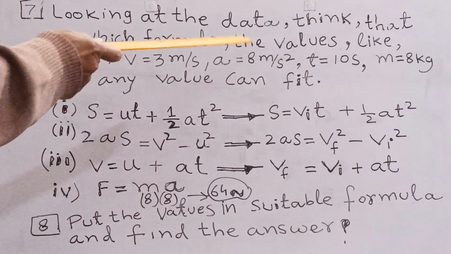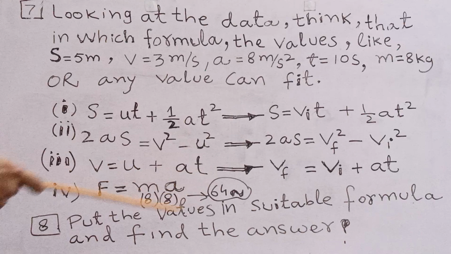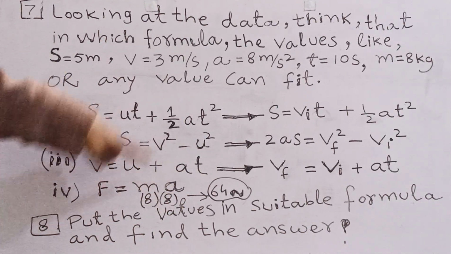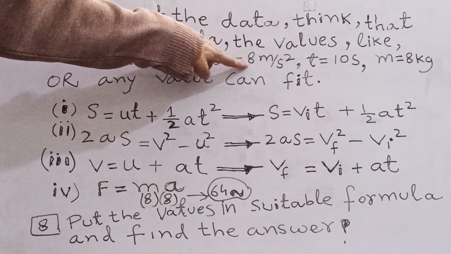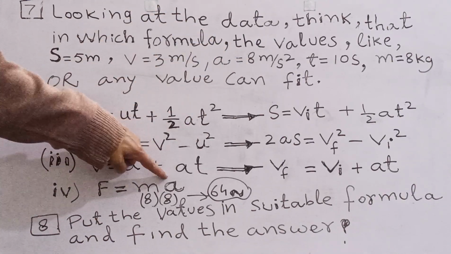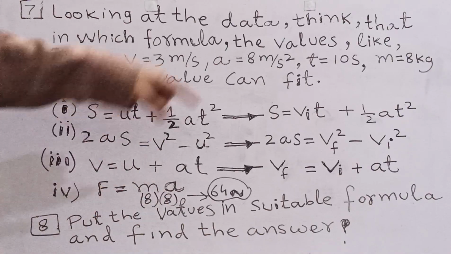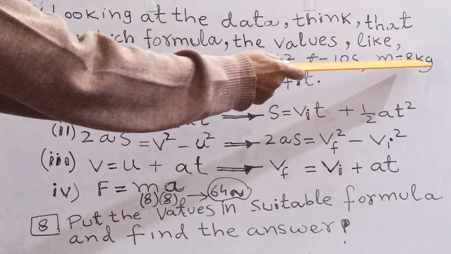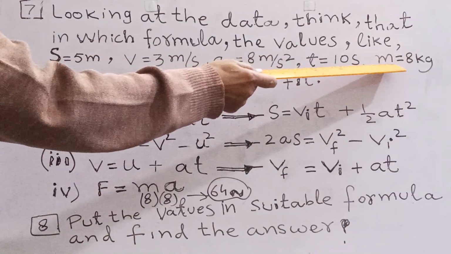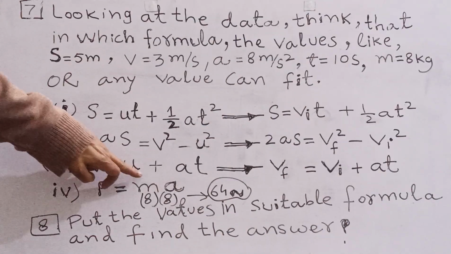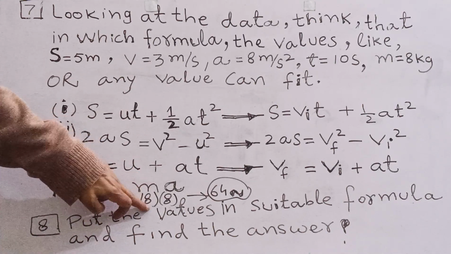For example, the value of acceleration is 8 meter per second square. We put this 8 in place of acceleration. Similarly, the mass of the body is 8 kilogram, so put this 8 in place of mass. m is the mass, and in place of m we will put 8 once again.